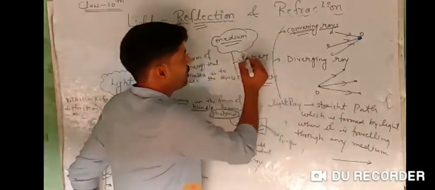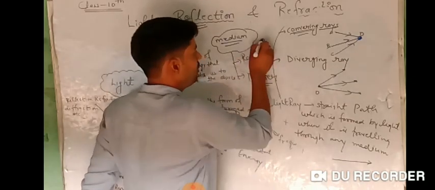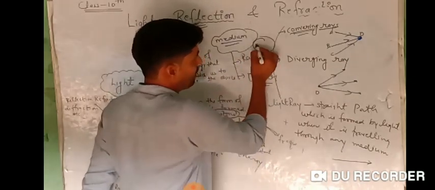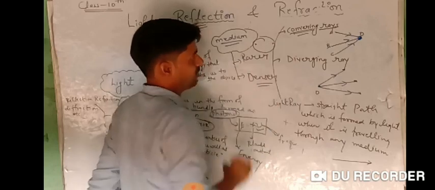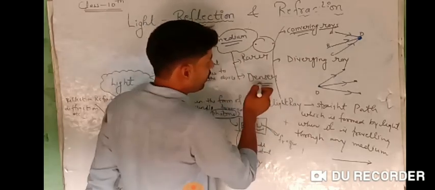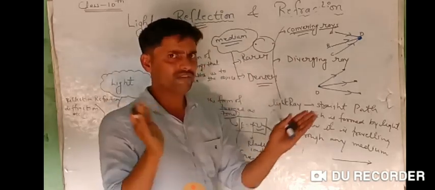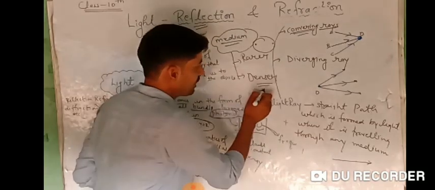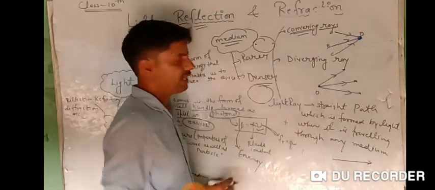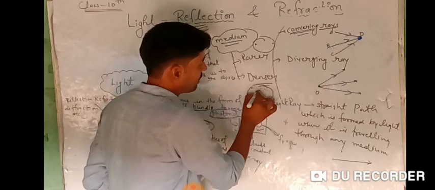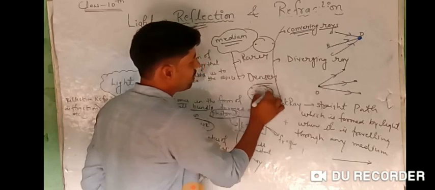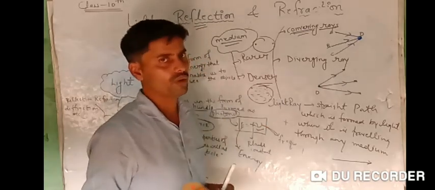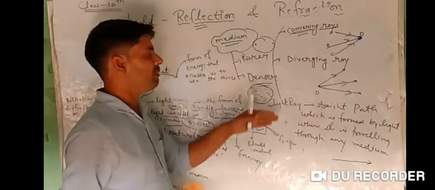Suppose in this medium one particle is there and one particle is here. Now in a denser medium, the particles are very close to each other. So if this is a medium and particles are like that, it is termed as a denser medium.